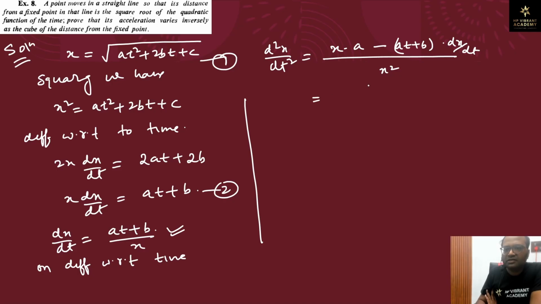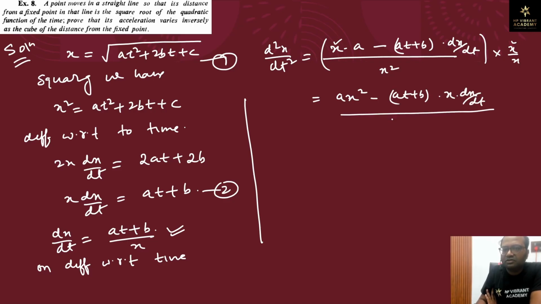Let us multiply in numerator and denominator by x. So this is a into x square minus (at plus b) into x into dx upon dt, upon x cube.